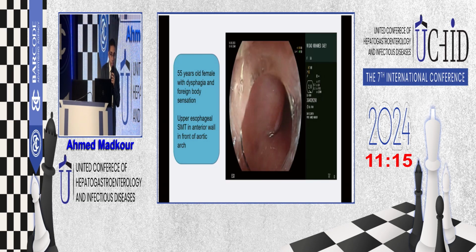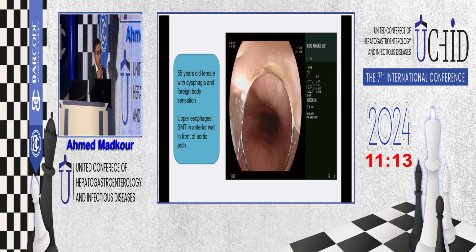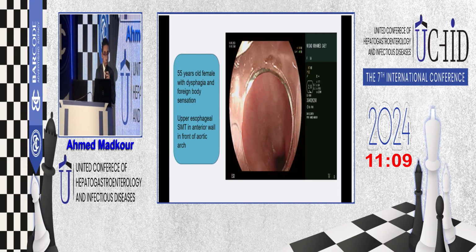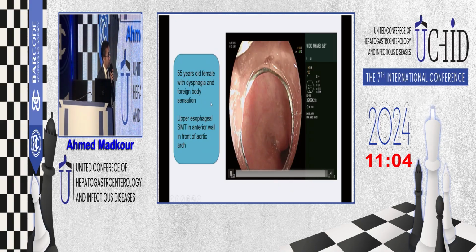For submucosal lesions, we can go for STER, but sometimes we have points of debate or difficulties, like this lesion, because it is located anterior, just behind the cardiac pulsation.